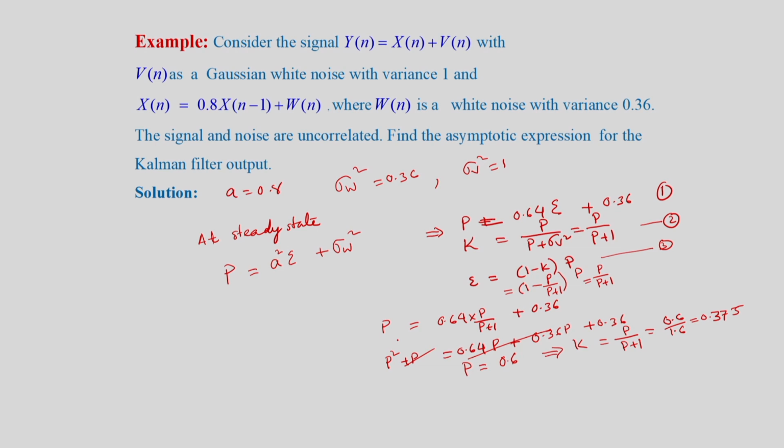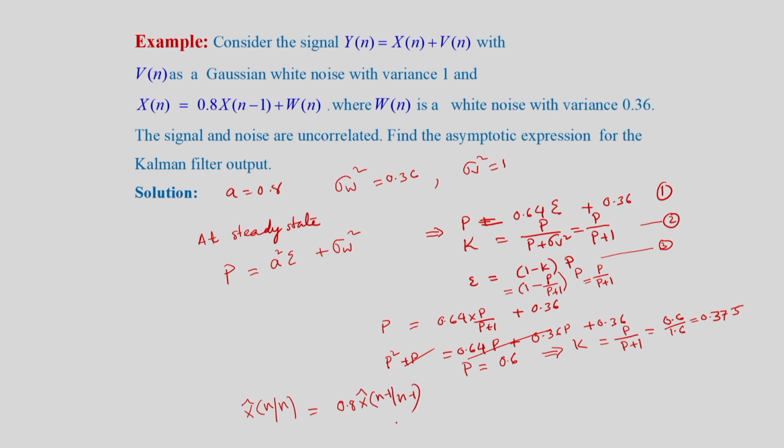So, once we have the Kalman gain, now that signal update equation will be, we have to find out the asymptotic expression for the Kalman filter output, that is x hat of n given n. That is equal to the predicted value first, that is a, which is 0.8, times x hat of n minus 1 given n minus 1.